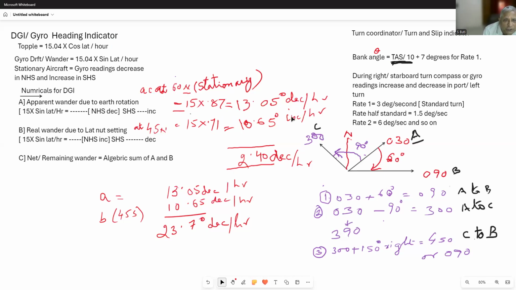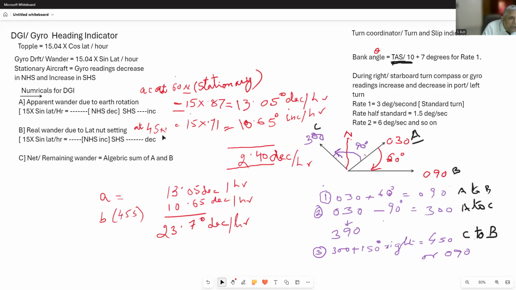If both these are decrease, add them up. If both are increase, add them up and write down increase or decrease as relevant. But if one of the values is decrease and the other is increase, then find out the difference. In this case, 2.40 degrees. Since decrease is more, I will write down 2.4 degrees per hour decrease.